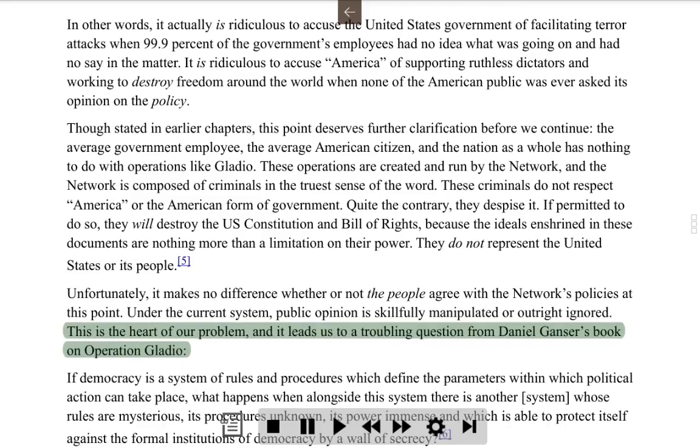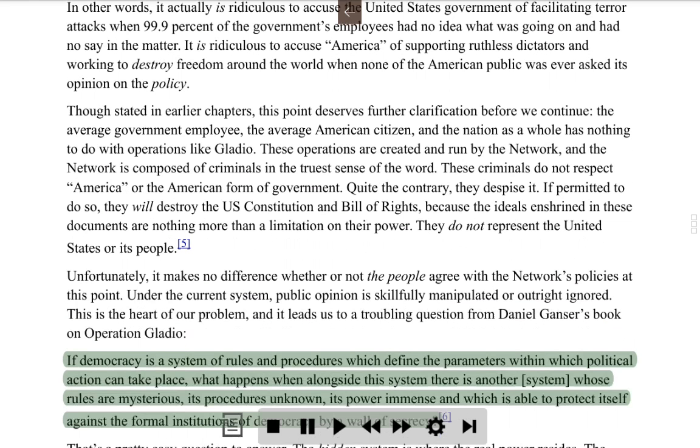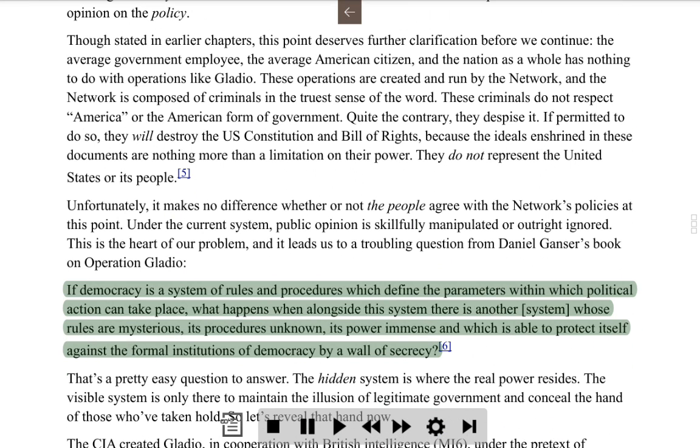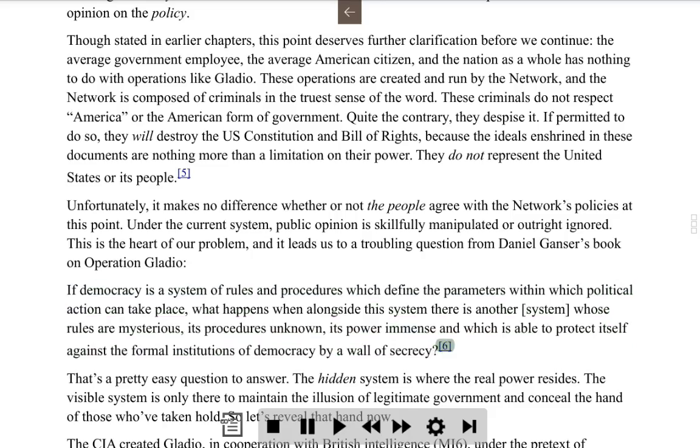And it leads us to a troubling question from Daniel Ganser's book on Operation Gladio. If democracy is a system of rules and procedures which define the parameters within which political action can take place, what happens when alongside this system there is another system, whose rules are mysterious, its procedures unknown, its power immense and which is able to protect itself against the formal institutions of democracy by a wall of secrecy? 6.